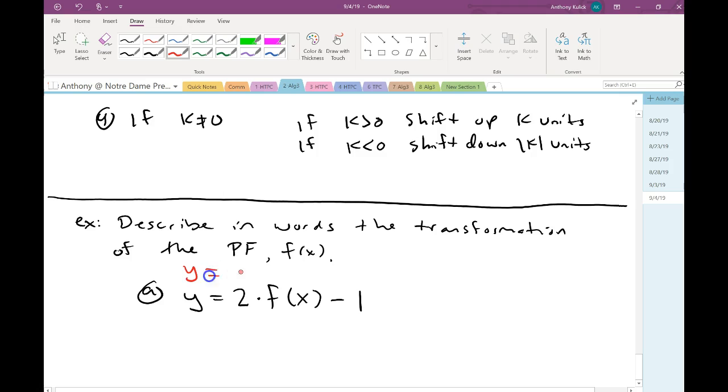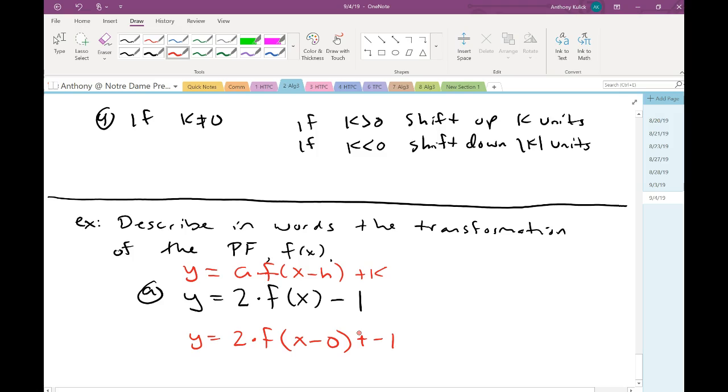So the general form was this. So if I do that, I'd have y equals 2 times f of x minus 0 plus a negative 1.